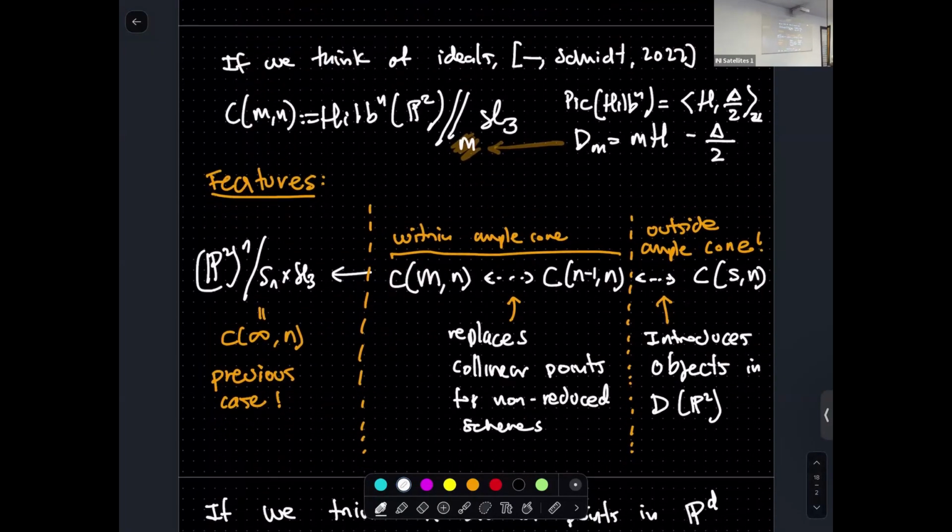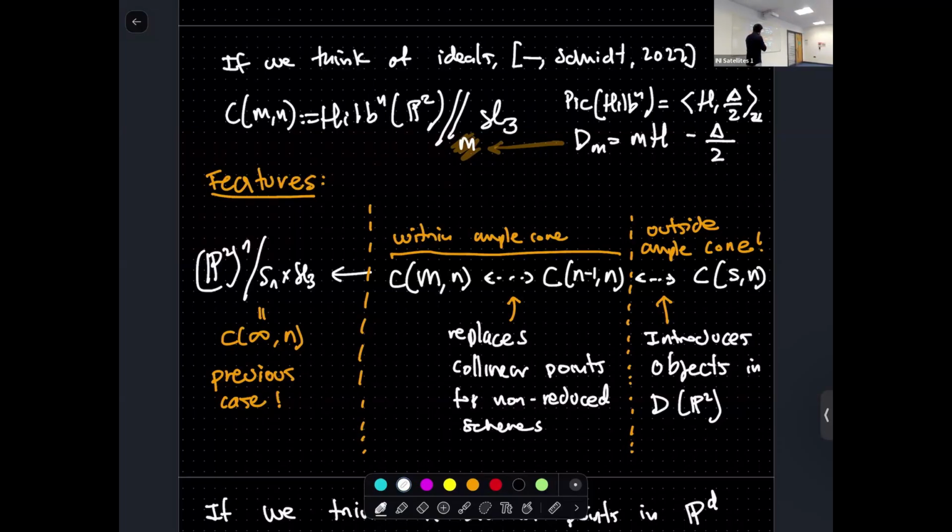A more interesting perspective was something that Schmidt and Benjamin did in 2022, which was to consider the Hilbert scheme of points in P2, where we keep track of the degeneration. The choice of this parameter is technically a line bundle, given by the generator of the Picard group of the Hilbert scheme of points.